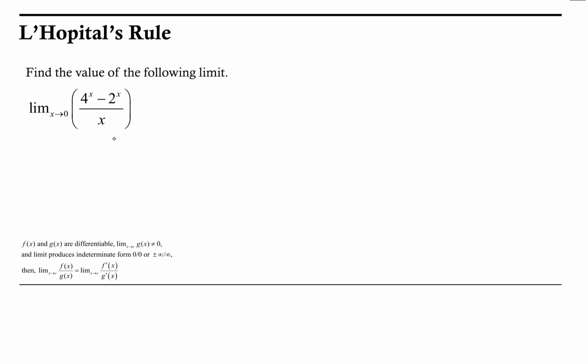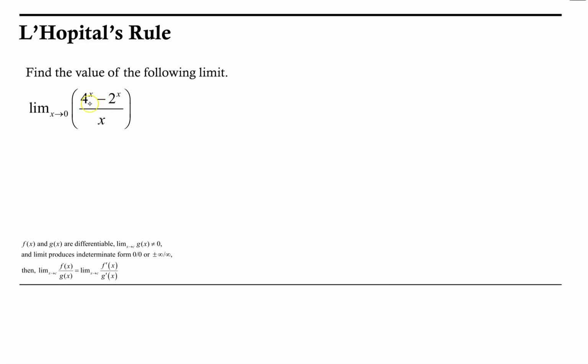Let's look at a second example. This time let's look at the limit as x approaches 0 of 4^x minus 2^x, all divided by x. Now, as x goes towards 0, what happens in the numerator? In the numerator, 4^x approaches 4 to the 0, which is 1, minus, and then 2^x approaches 2 to the 0, which is also 1.